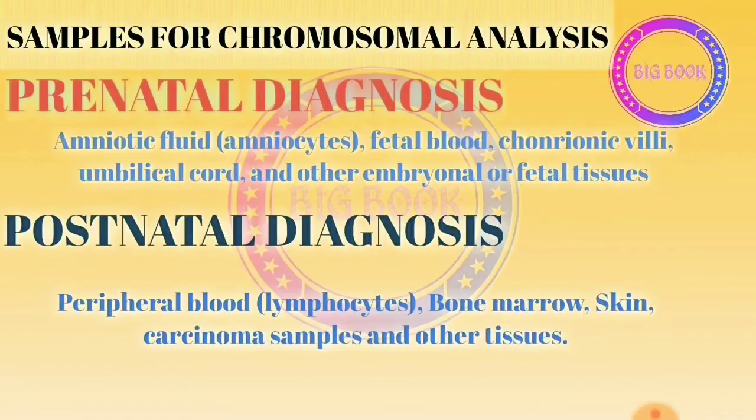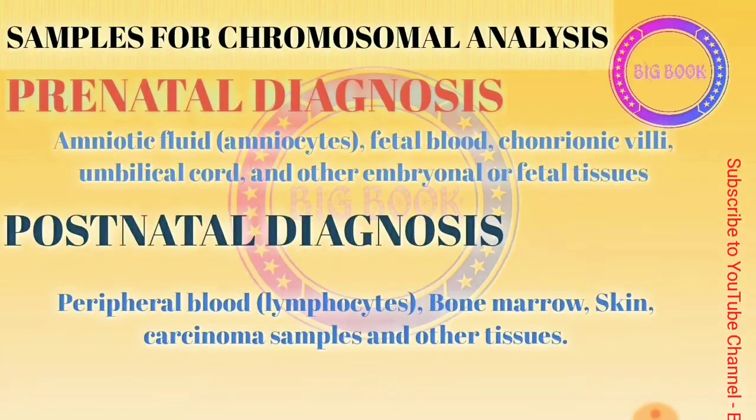Now, in the next slide we will see the samples used to prepare the chromosomal karyotype. If it is a prenatal diagnosis, then the samples will be of the amniotic fluid, fetal blood, chorionic villi sample, umbilical cord, and other embryonal or fetal tissues.